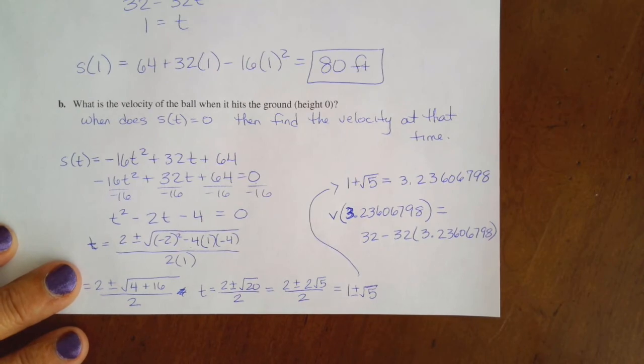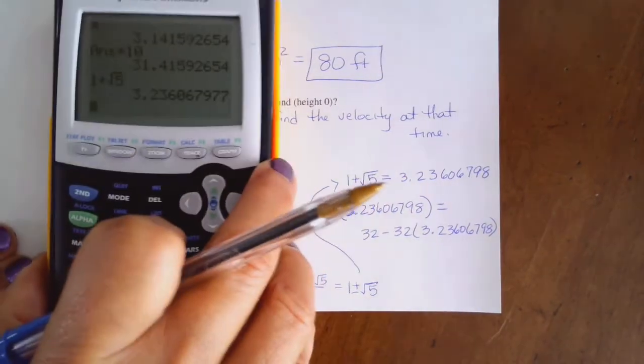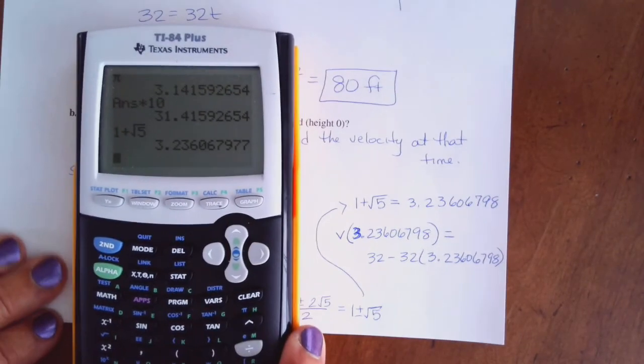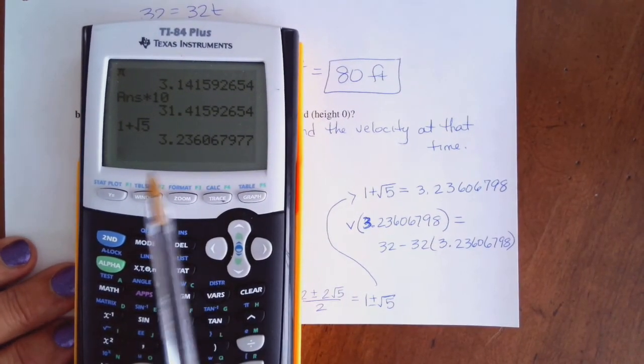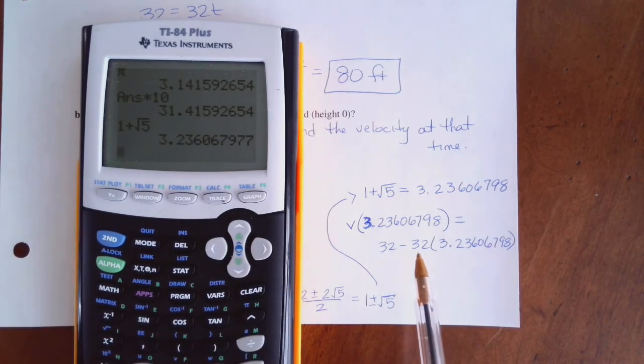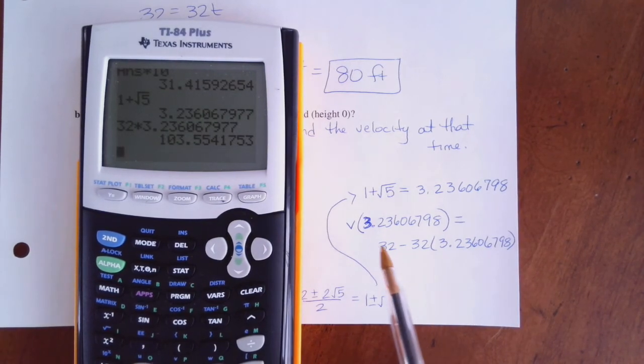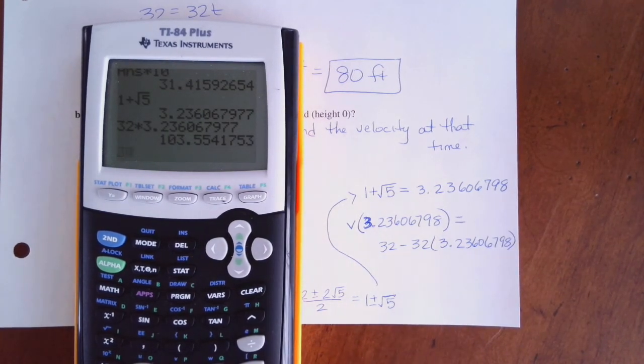Okay? So we're going to multiply that out. Now, what I was saying to you earlier is when you do this in your calculator, don't round that. So I would do 32 times that right now. I would do 32 times and then go get that number, the whole thing. And then do 32 minus that number.